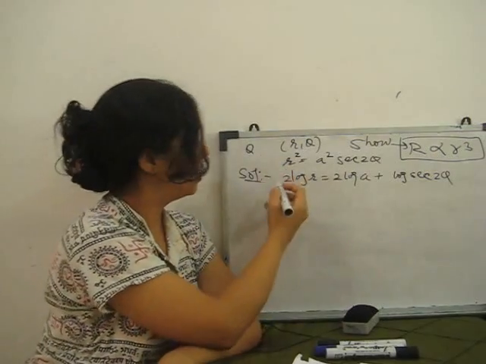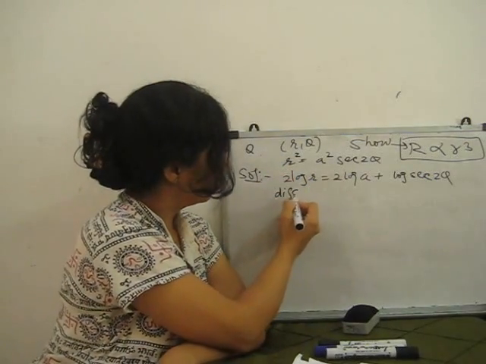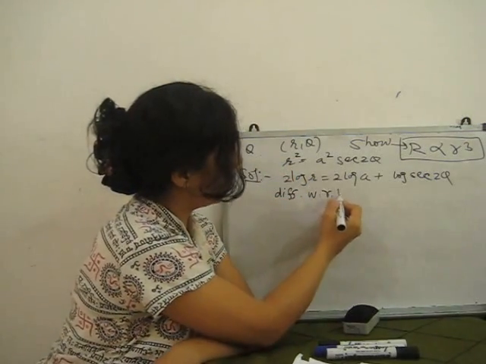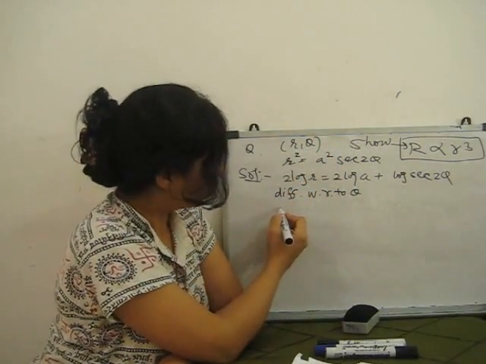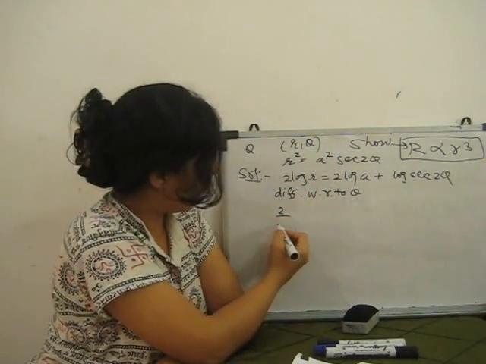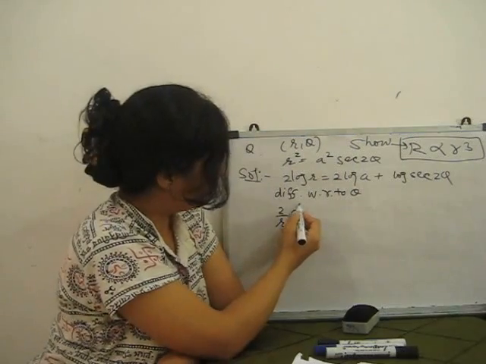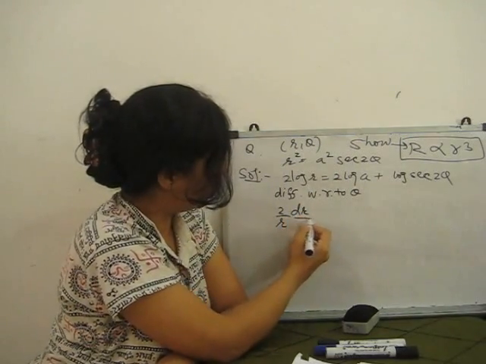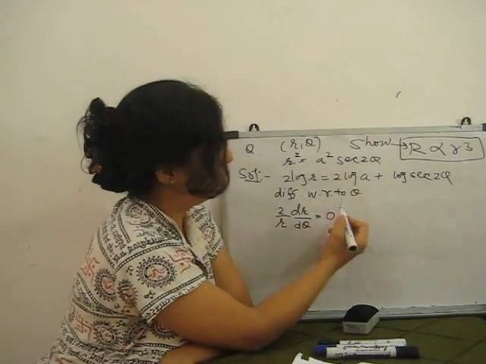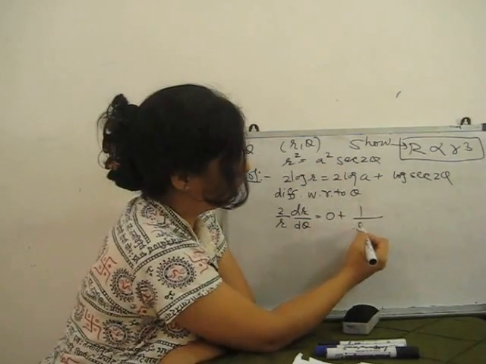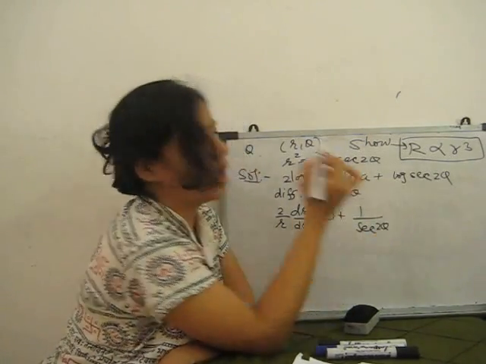Now we have to differentiate this with respect to theta. So 2 log r gives 2 by r times dr by d theta, equal to, the constant gives 0, plus 1 by sec 2 theta.